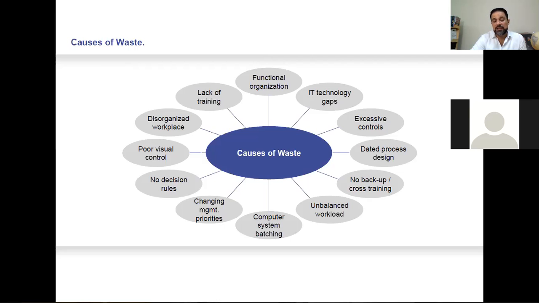And rather than keep blaming the management, usually it is happening because of poor visual control. The management does not have the visual of any activity. This is why they keep changing their decisions, or they keep interfering in every level of management.